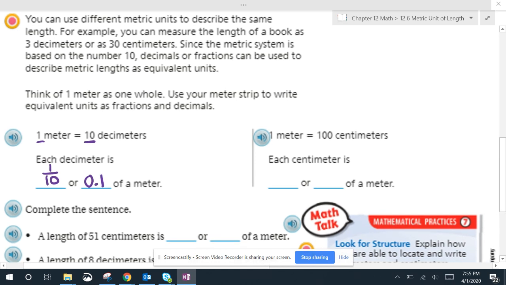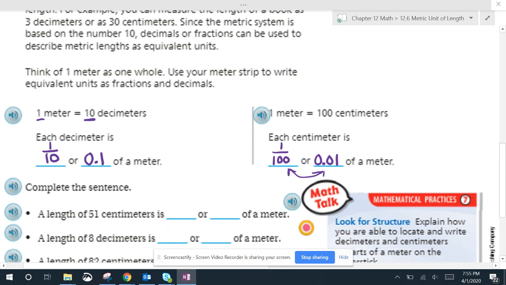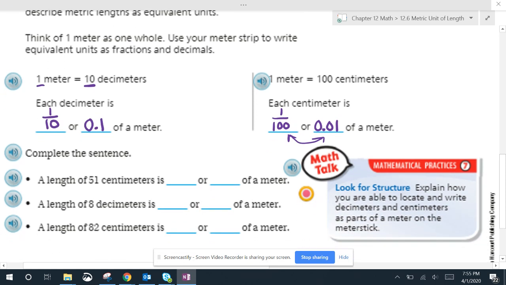Now, if we're looking at centimeters, there are 100 centimeters in 1 meter, which means that each centimeter is 1/100th, or 0.01, of a meter. Remember those decimals and fractions that we practiced. So let's go ahead and see if we can apply that to some numbers.